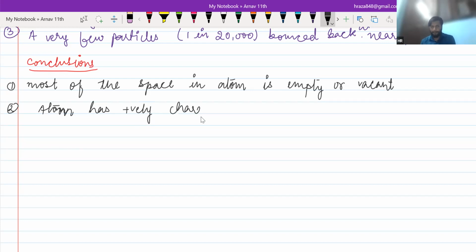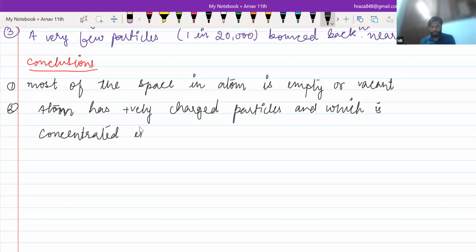Next conclusion is that atom has positively charged particles, and which is concentrated in the center, in a very small region called nucleus.